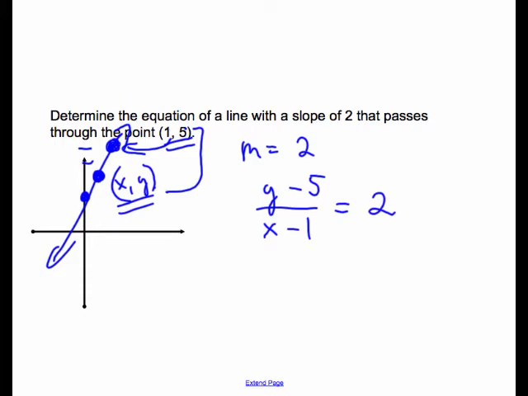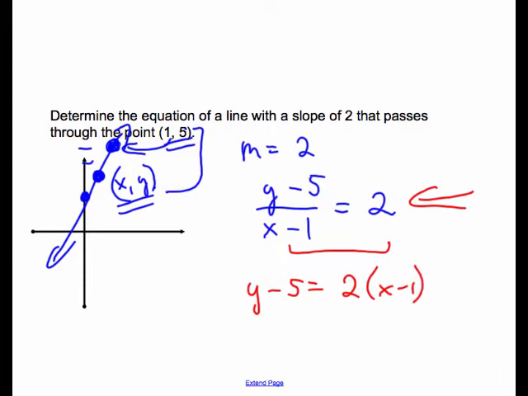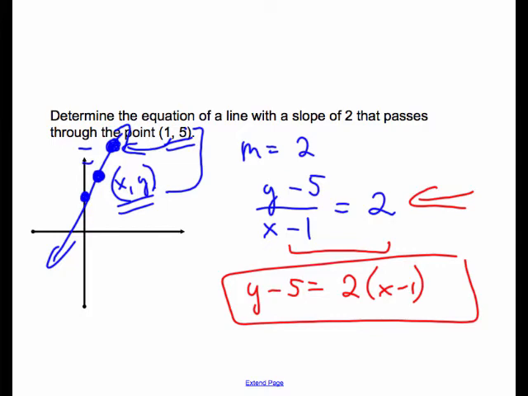And what we've come up with here is a relationship between x and y. We have the beginnings of our equation. Well, we have our equation. We're just going to reorganize it. So we're going to multiply both sides by x minus 1 to clear the fraction. And actually, that's the way we're going to leave our equation, just like that.